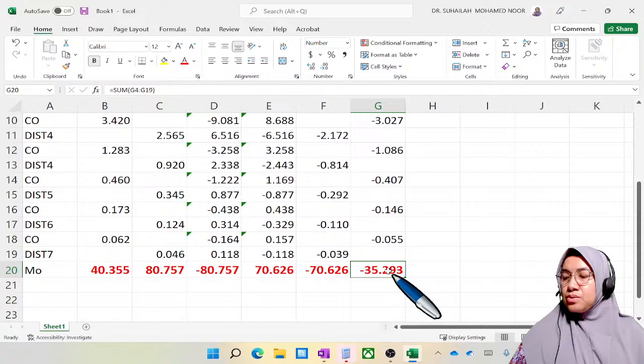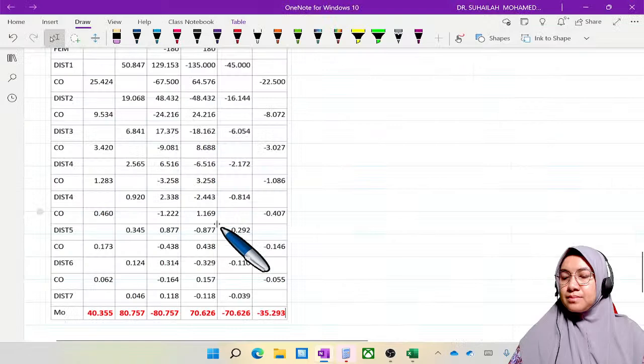So this is actually m naught, the n moment from table number 1. This belongs to the non-sway frame. So the red color is actually the n moment.